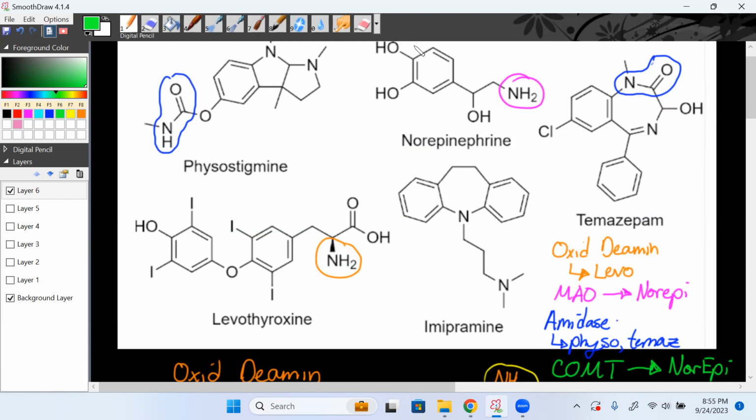Remember that catechol is this functional group where you have a benzene ring with these two OHs next to each other. So this is what's called a catechol. And in order to do COMT, you would need to have this catechol functional group in order to fit in the enzyme.